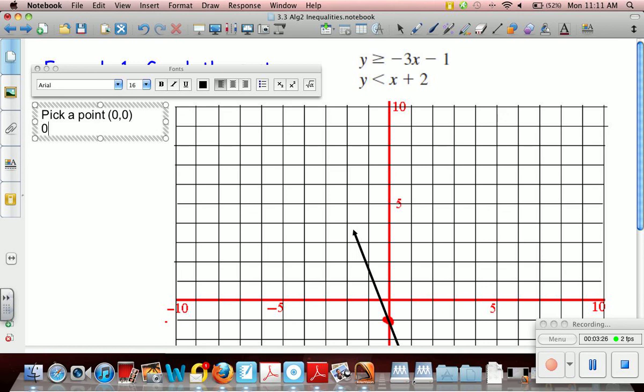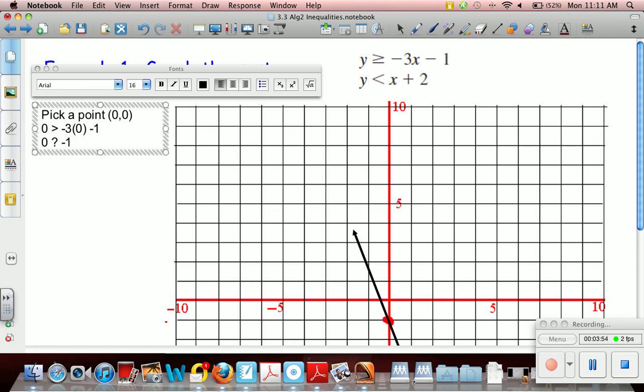So my question is: is 0 greater than or equal to -3 times 0 minus 1? Is 0 greater than or equal to 0 minus 1, which is -1? So is 0 greater than -1? And the answer is yes.